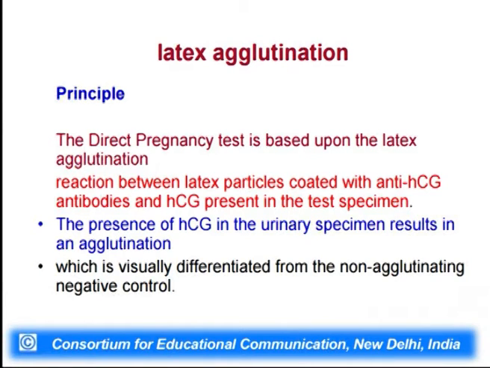So the urinary specimen also will give you agglutination. What does this mean? This means that this part of the experiment is different from the agglutination which we have just read about? No. It is again just the agglutination of the latex but not of the RBC.